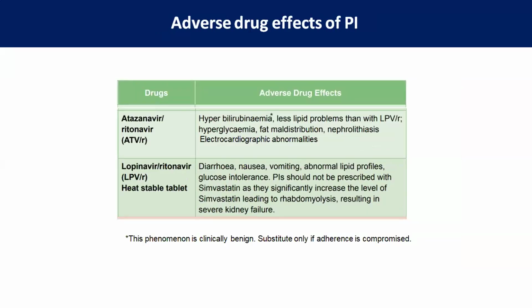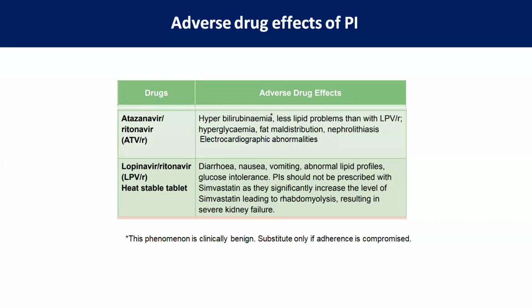And among the PIs, atazanavir-ritonavir and lopinavir-ritonavir are mostly in the program nowadays, along with darunavir-ritonavir. Atazanavir-ritonavir usually causes indirect hyperbilirubinemia. The only symptom is yellowish discoloration of the sclera without elevation of liver enzymes. So you have to convince your patient that it will not do any harm and the jaundice will not become very severe.